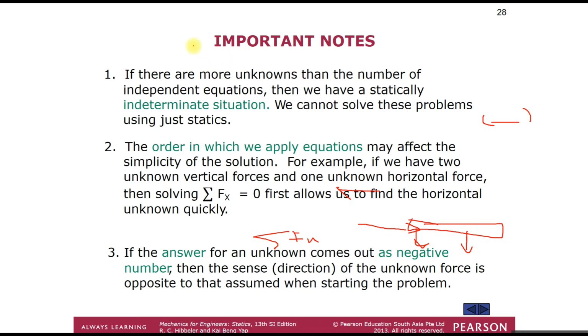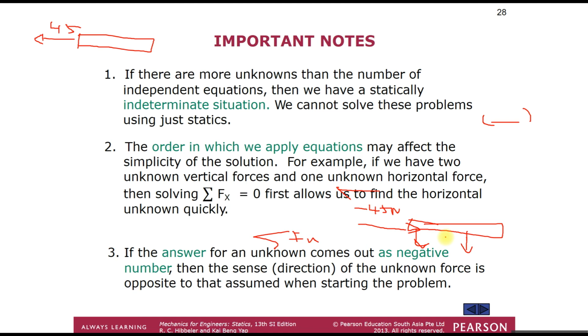For example, if we get a value of negative 45 Newton, then the correct direction would be in this direction at 45 Newton. As long as the magnitude is correct, the direction is just opposite.